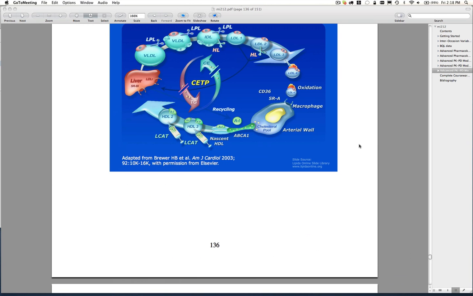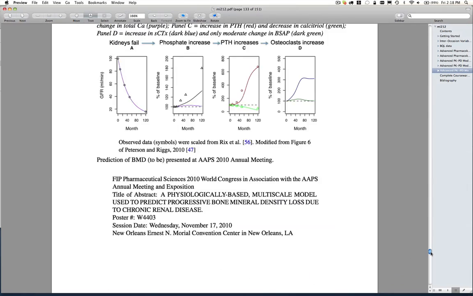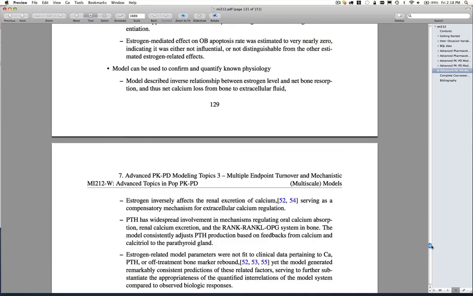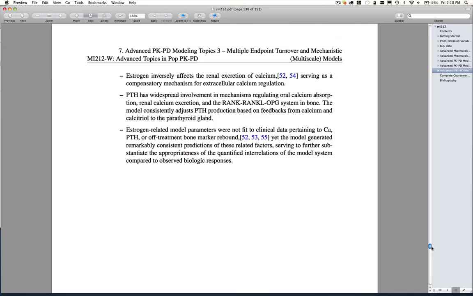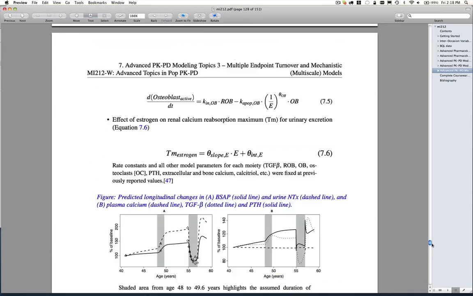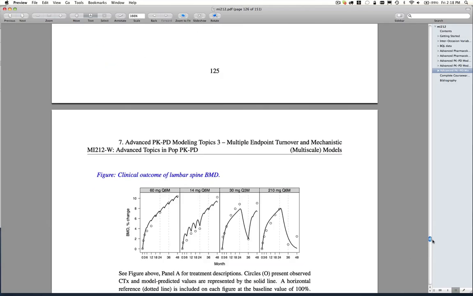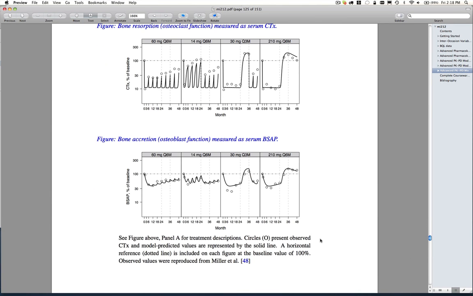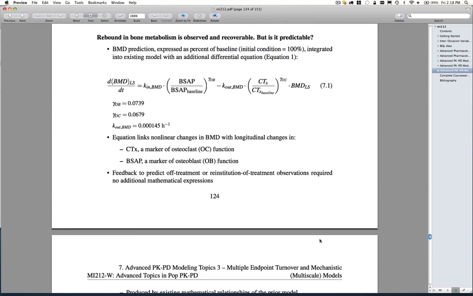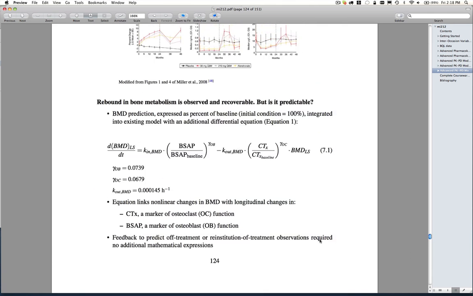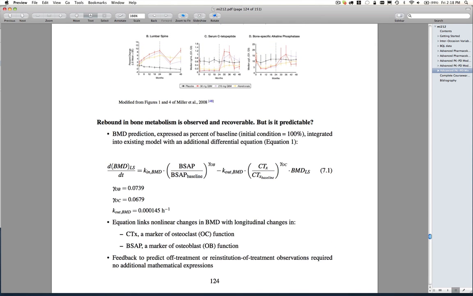The other question comes up back in the lecture material here. Let me just find it. Page 124. Okay, so the question is on page 124, what part of the model incorporates bone metabolism rebound?